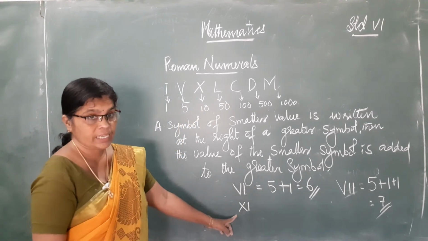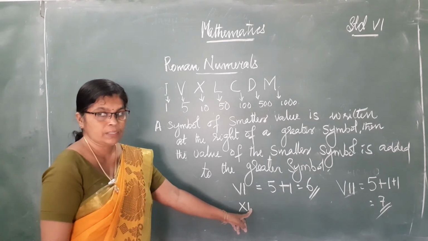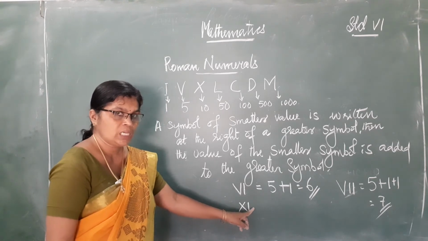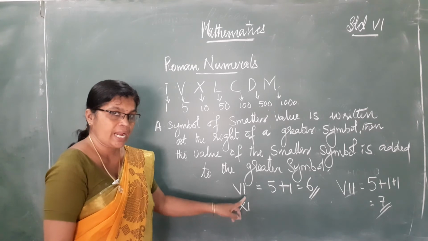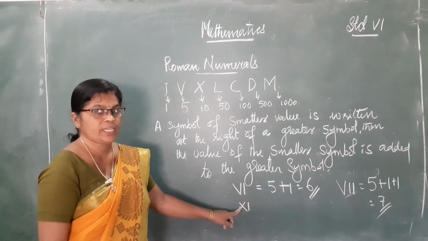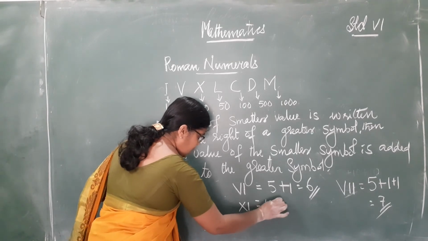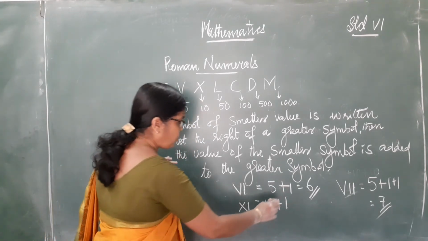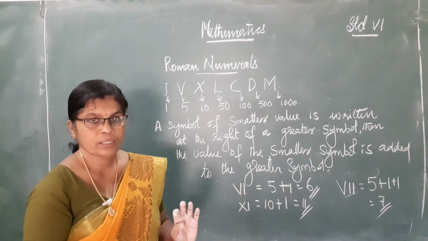X, 10, is a greater symbol and I is a smaller symbol written to the right of it. The smaller symbol's value is added to the greater symbol: 10 plus 1 is equal to 11. Okay, did you understand?